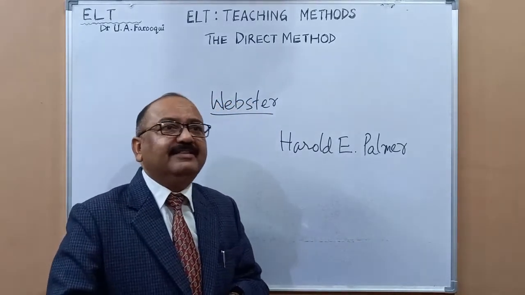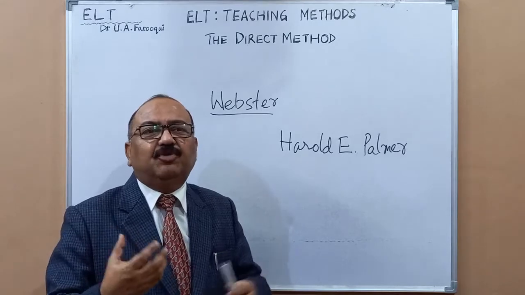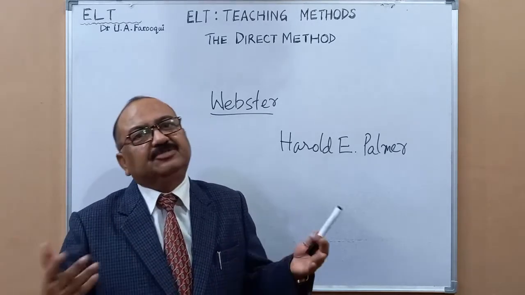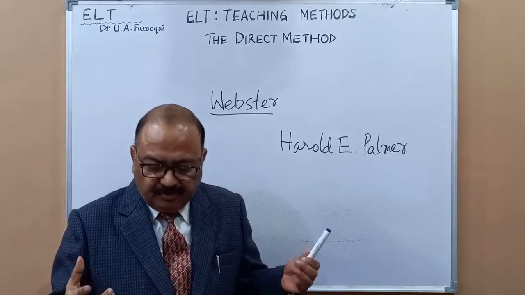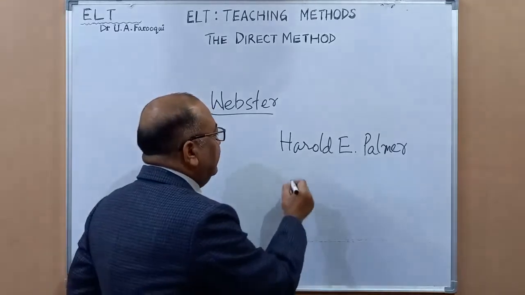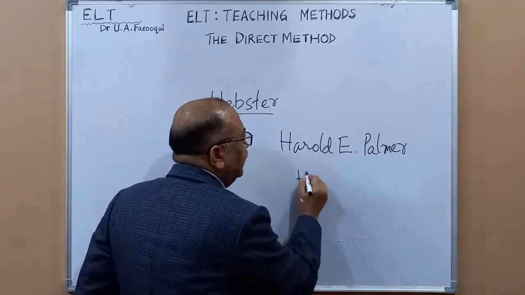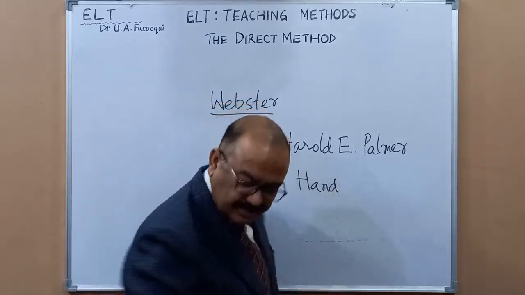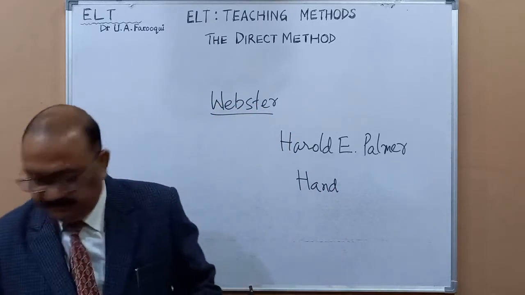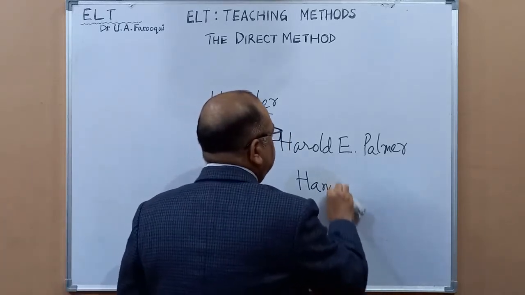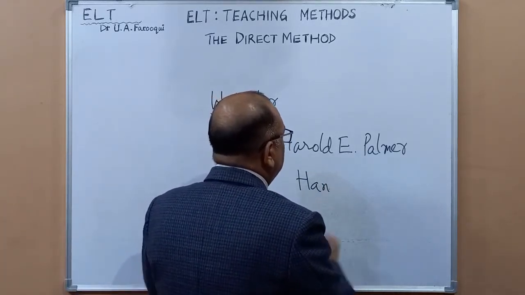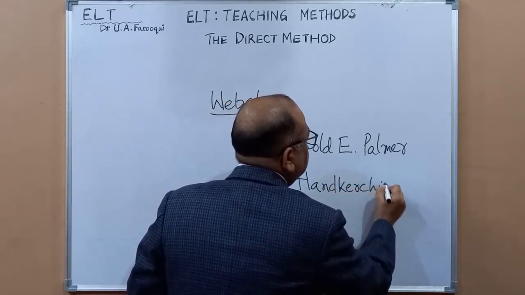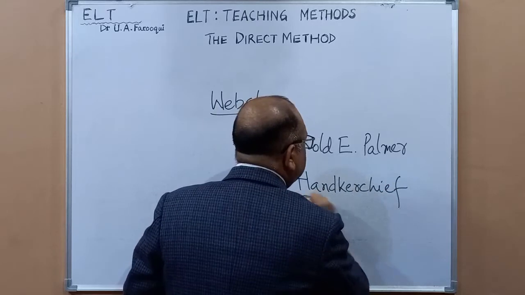And then again, the meanings of words and forms are to be taught by means of objects or by natural context. By means of objects, suppose I am to say how to write handkerchief, spell it out. H-A-N-D-K-E-R-C-H-I-E-F.